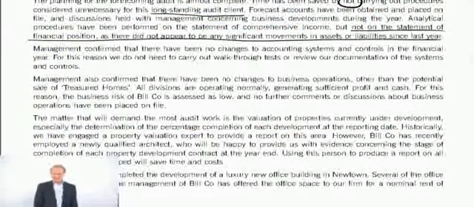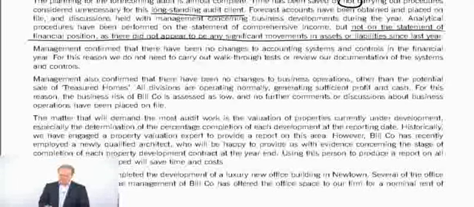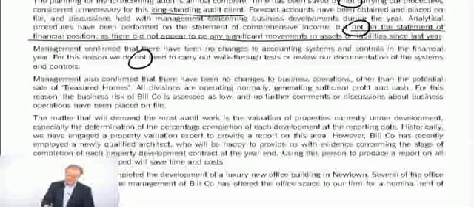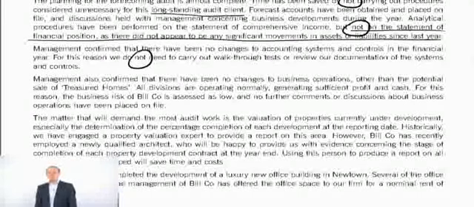Management confirmed there have been no changes to accounting systems and controls. For this reason, we do not. Do you notice a bit of a theme here? If you're criticising this planning and it keeps saying we haven't done this, not needed, not needed, if you're told they're not doing something, surely that's what you're meant to be criticising.